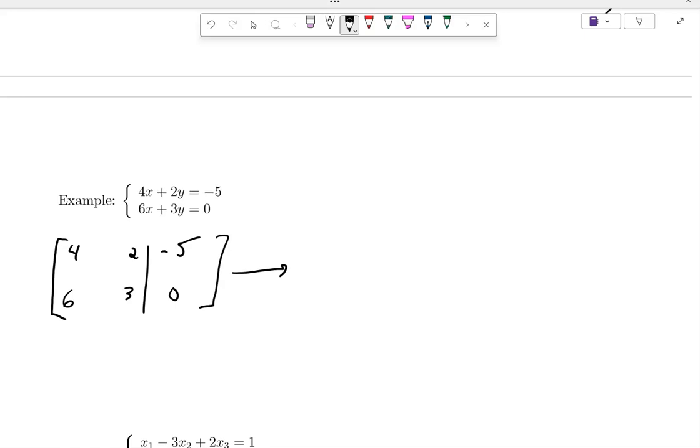Divide by the 4. When you divide row 1 by 4, what do you get? Good. And we'll get a 1, a 2 over 4, which is the same thing as 1/2, and then a negative 5 over 4. Second row did not change.